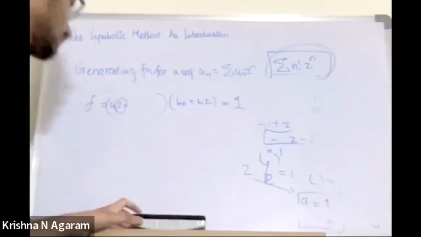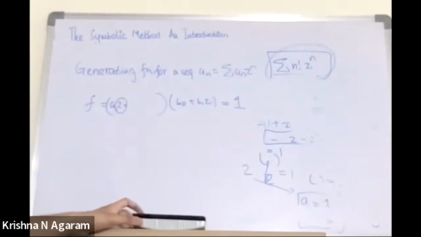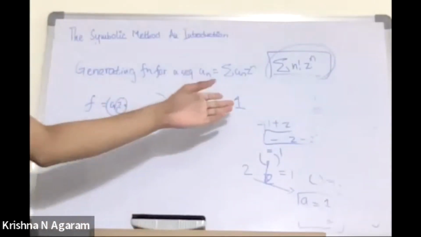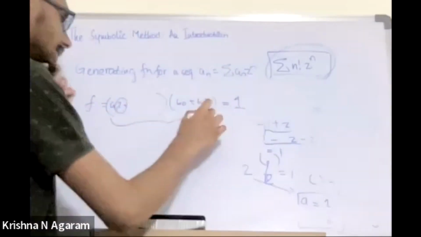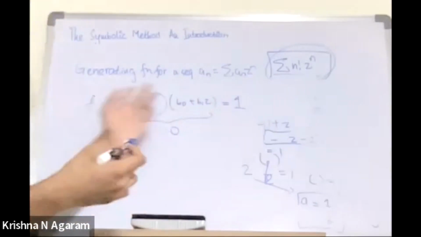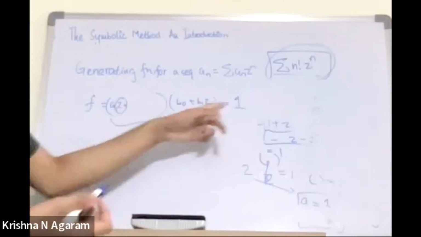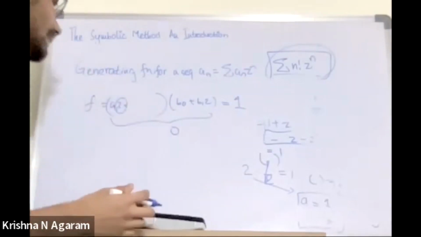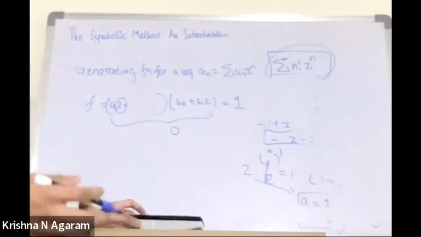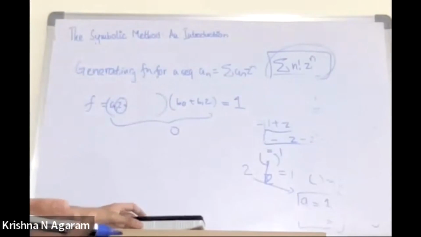That's clear, right? Because it will start with z and there's no constant. So the constant on the left hand side, a0 times b0, is 0, and the right hand side is 1. So you see that anything which has its constant term 0 is not invertible.